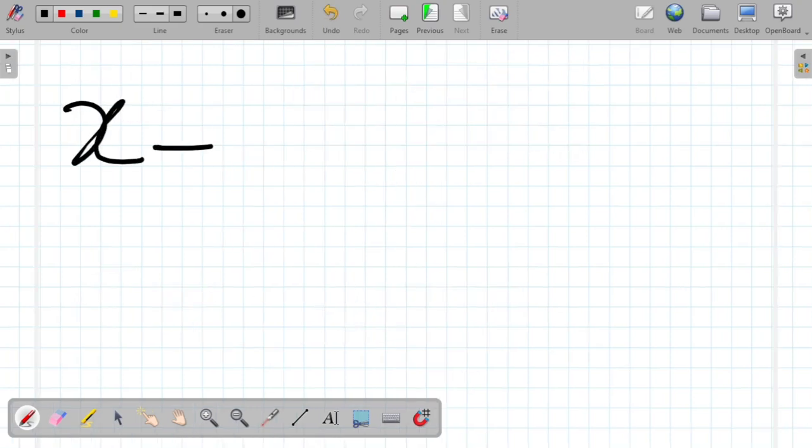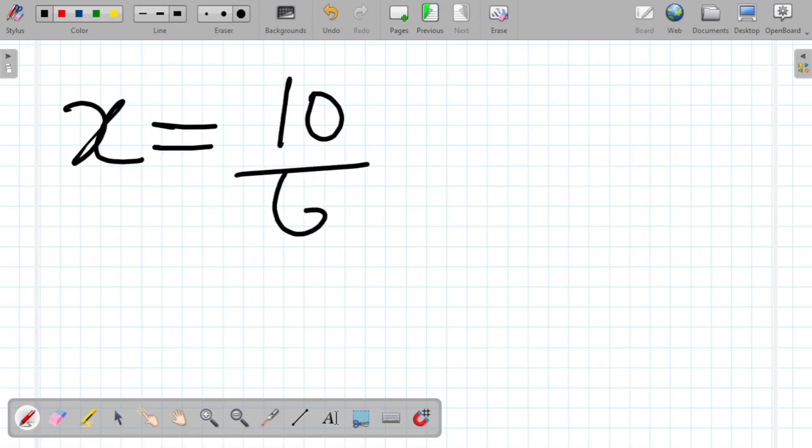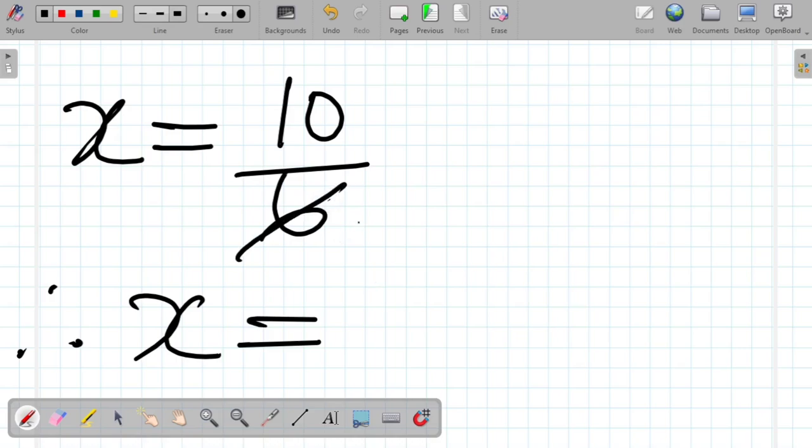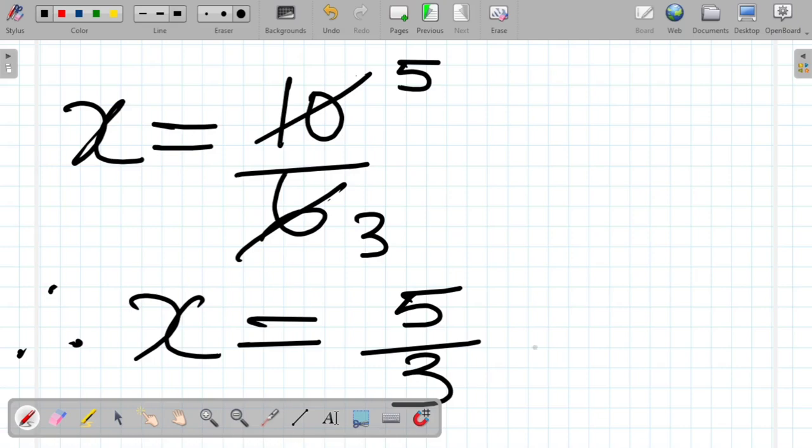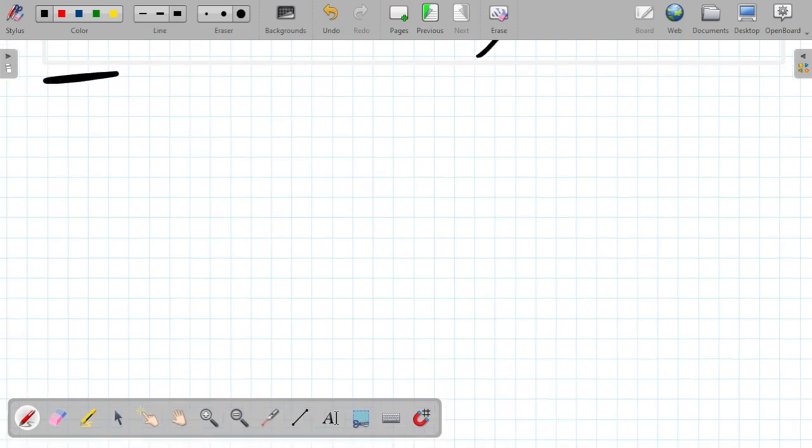So x is equal to 10 all over 6. Therefore, for the positive, x is equal to: 2 into 6 is 3, 2 into 10 is 5. So we have 5 all over 3.